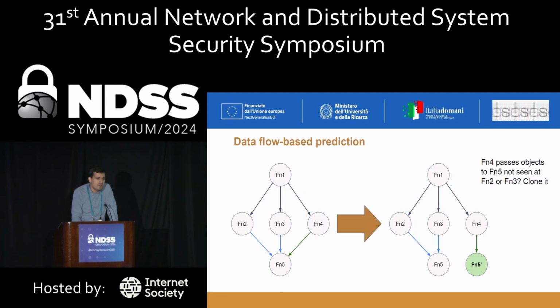Here we have function 5, which is reachable from 3 callers, okay, function 2, 3, and 4. And let's say that this function has one argument. So we study the potential values of this argument that are coming from the different callers. And we see that, for example, from function 2 and 3, you pass similar objects, while from function 4, you pass something that you don't see in these other contexts.